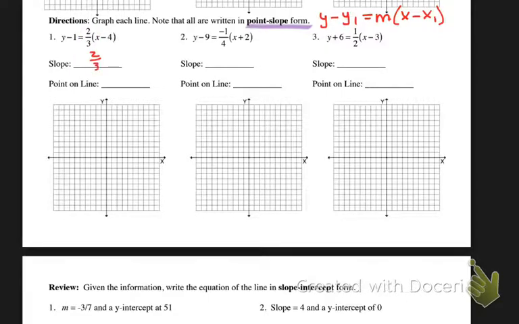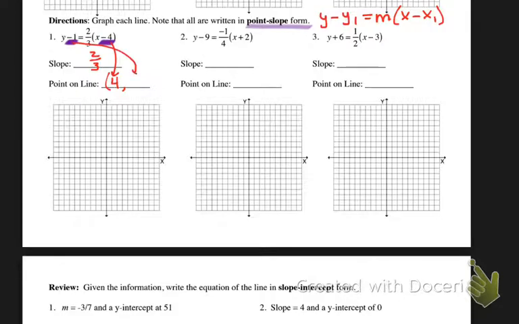Now, the point can get a little tricky. The number that's with the x, this looks like a -4. We want to take the opposite, which would be a +4. Then the number with the y looks like a -1.